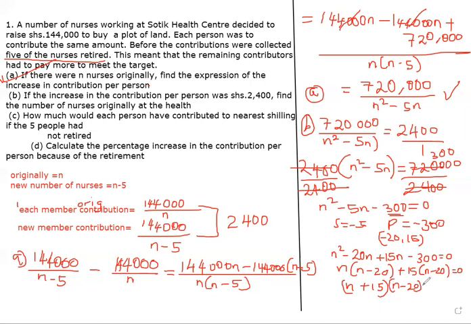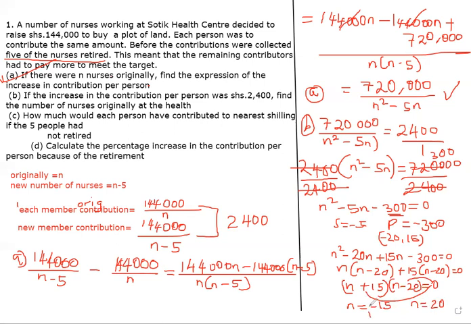So therefore, our n plus 15 can be equal to 0 or n minus 20 is equal to 0. So first we must get all the answers. And then if you find n, because the number of nurses is supposed to be a positive number, it can't be negative.